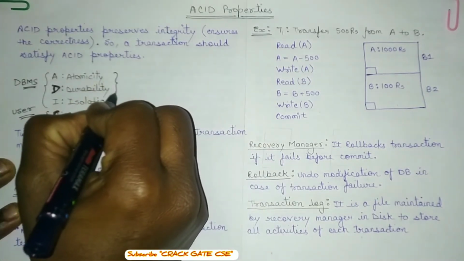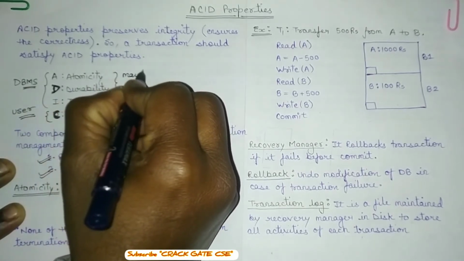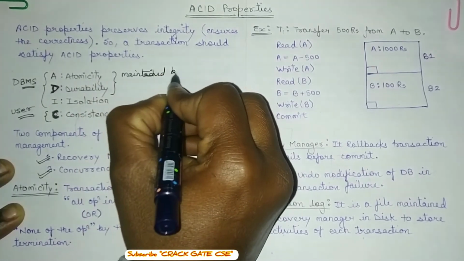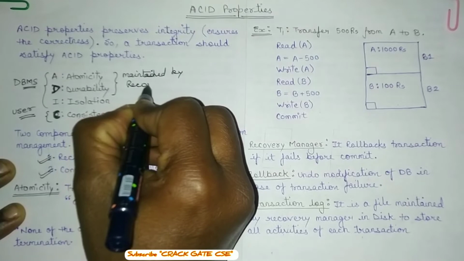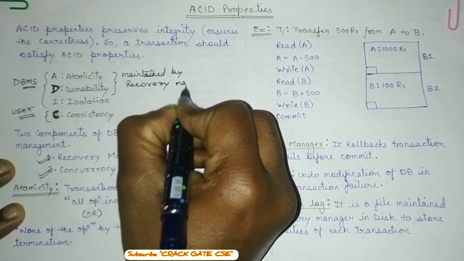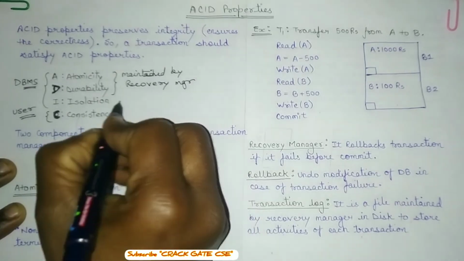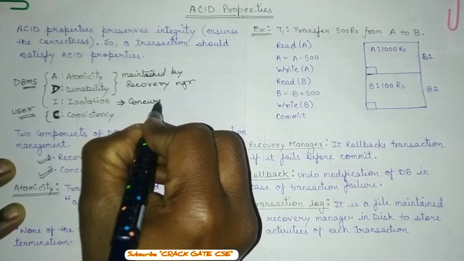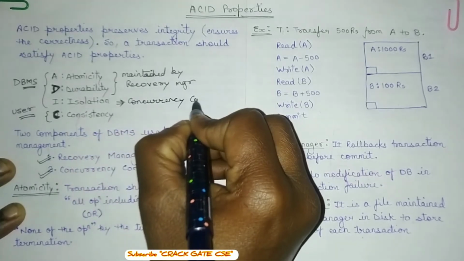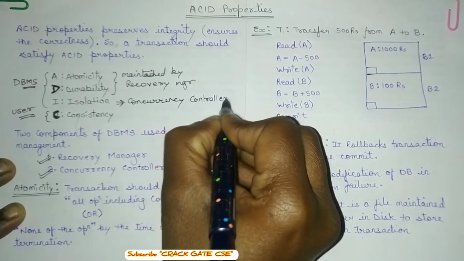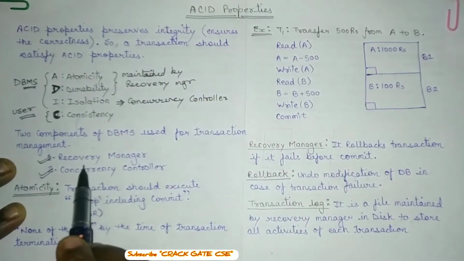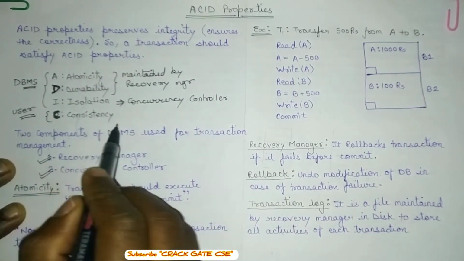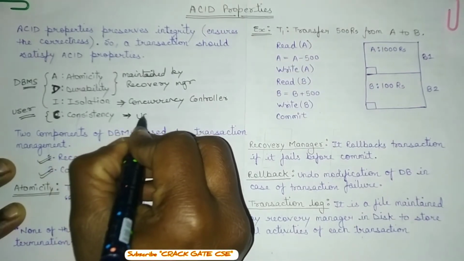Atomicity and durability are maintained by the recovery manager, isolation is maintained by the concurrency controller, and consistency is maintained by the end user.